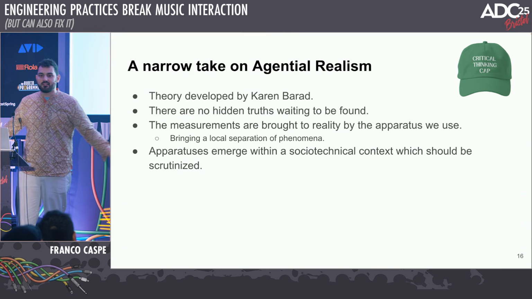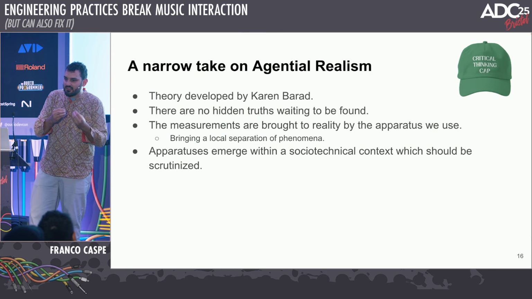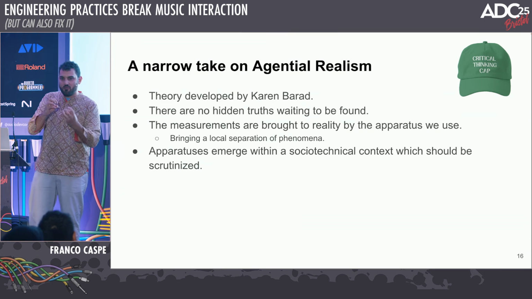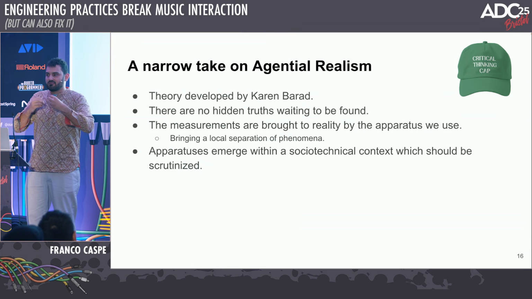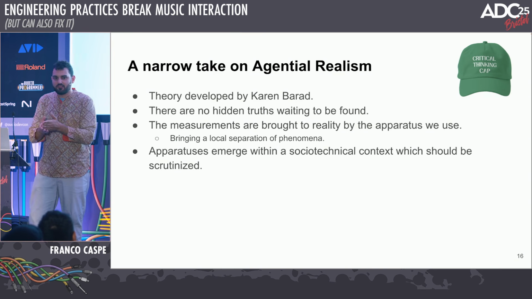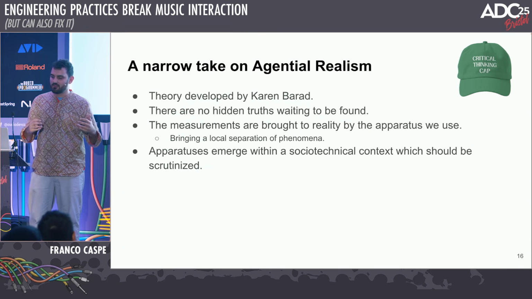The universe is completely indeterminate. So we just create this out of nowhere. And when we measure something, we establish what is called an agential cut. And that is the moment when this indeterminacy collapses. This theory is not based on, it's inspired by particle physics.